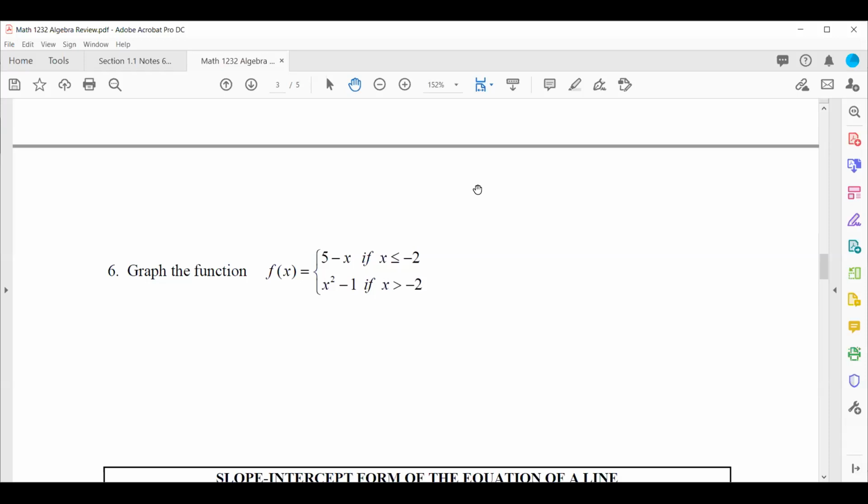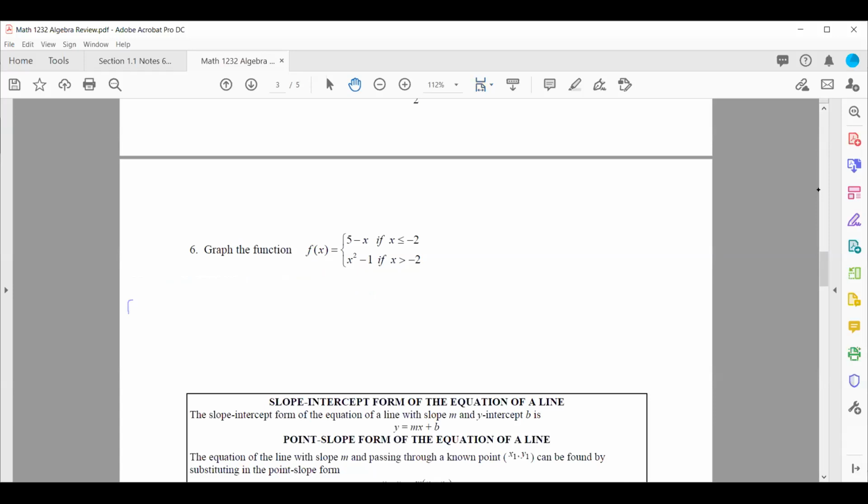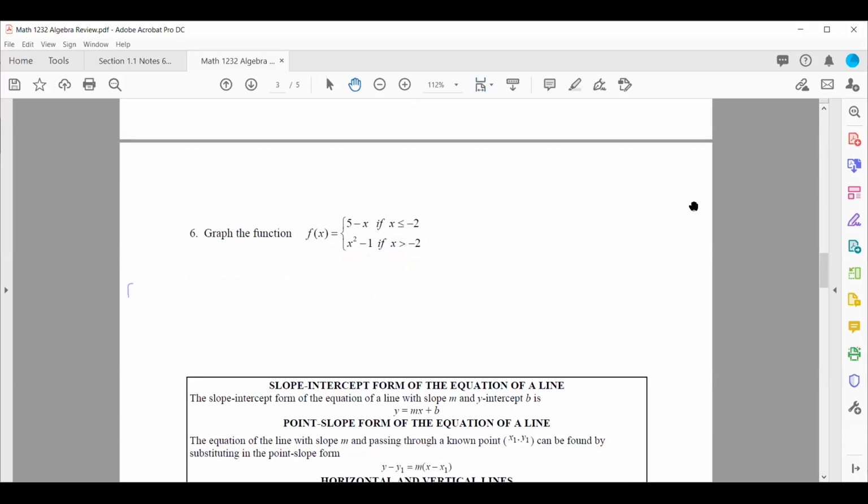In Desmos, you have to enter this as two separate functions. All right, so in my TI-84, I'm going to go to the function screen. Well, actually, you have to enter those two different functions in there too. The Y editor, I'll show you on the calculator in a second.